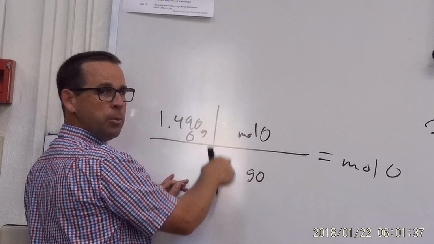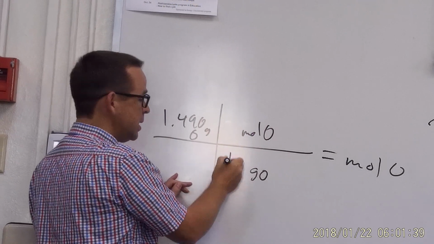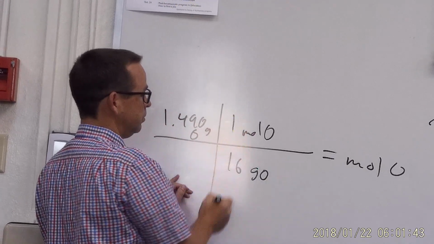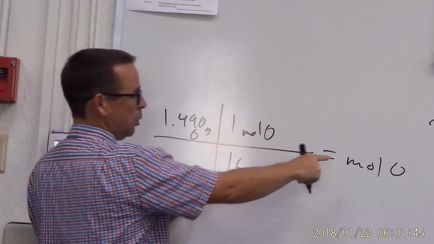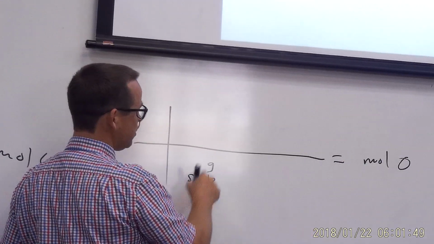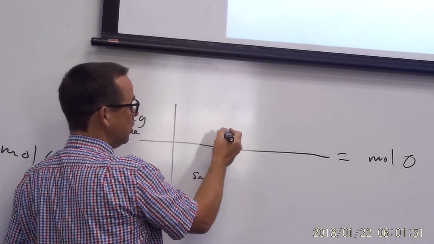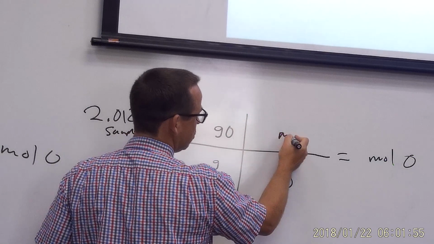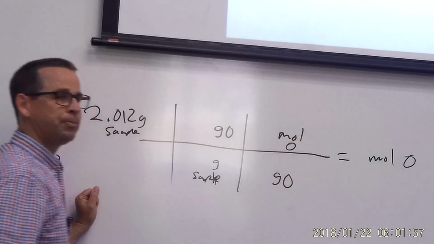Do you know how many grams per mole? 16. That's what's on the periodic table. That number has units of grams per mole. So this one's done. I'm already at moles of oxygen. This one, I want to go from grams of sample to what? Grams of oxygen. And then grams of oxygen to moles of oxygen.